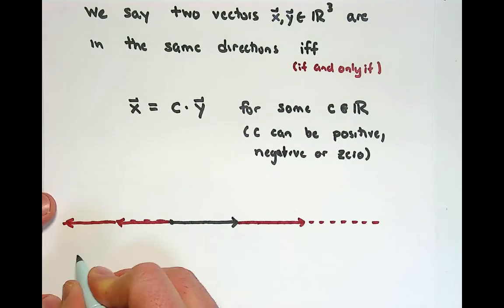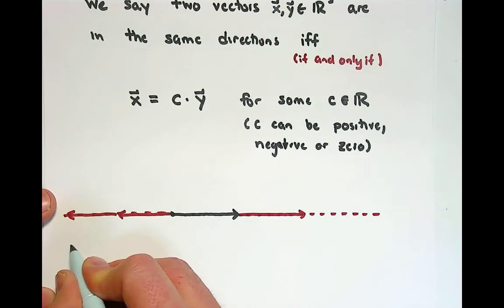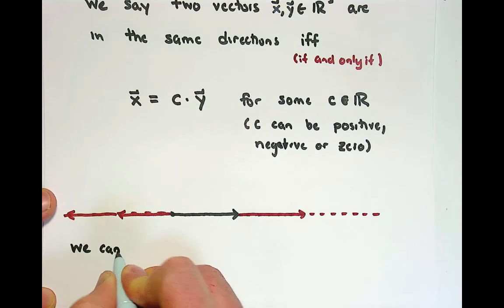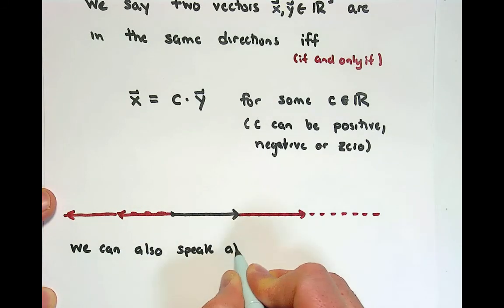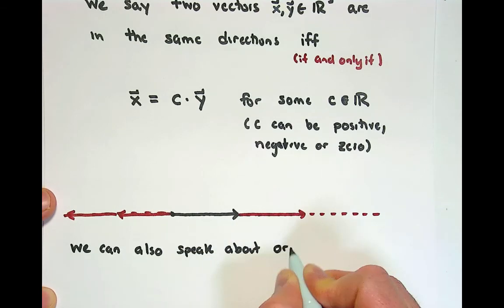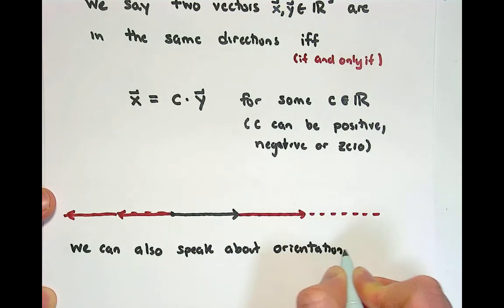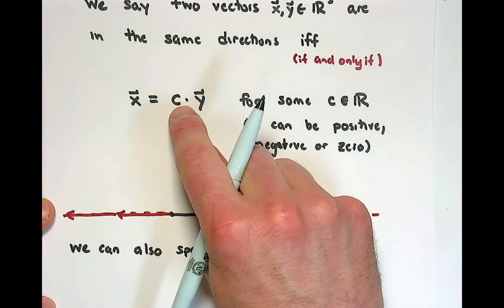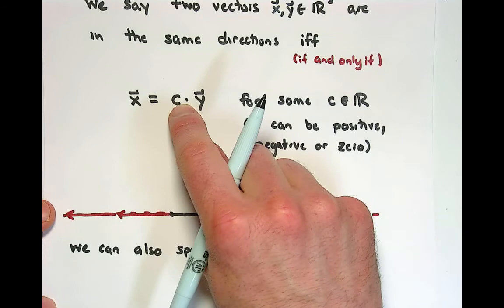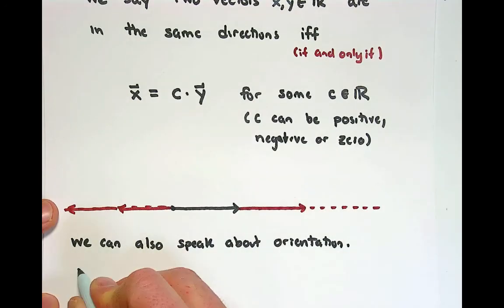What I want to say is there is something called orientation. We can also speak about orientation. Orientation has to do with the sign of the scalar in this direction.